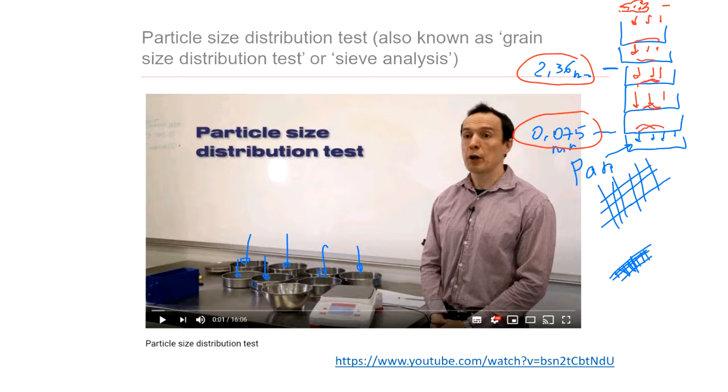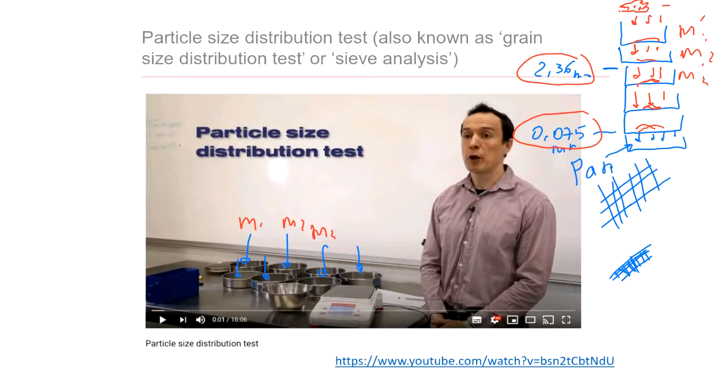So before we do the test, we measure the mass of each sieve, let's say M1, M2, M3. Then we perform the test, and then we disconnect those sieves, separate them again, and measure the mass of each again. So it's going to be M-1, M-2, and then we take the difference in terms of mass of the sieve with soil and without soil.